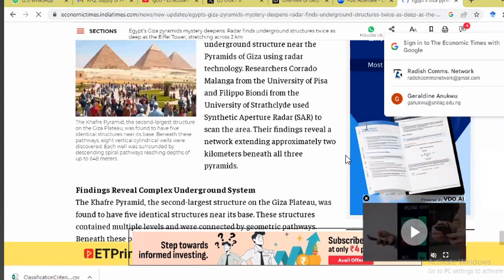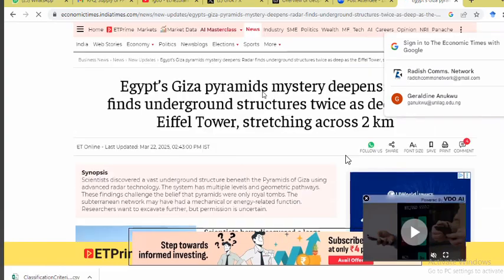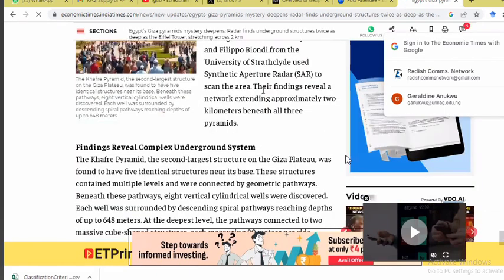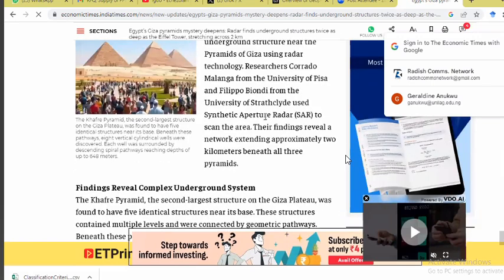And when they saw the 2 kilometer depth to which they propagated, they were like, is that possible? It's not possible for GPR to go up to 2 kilometers based on existing theory and what we know about GPR. So they clarified that they did not use ground penetrating radar, but what they used was synthetic aperture radar.